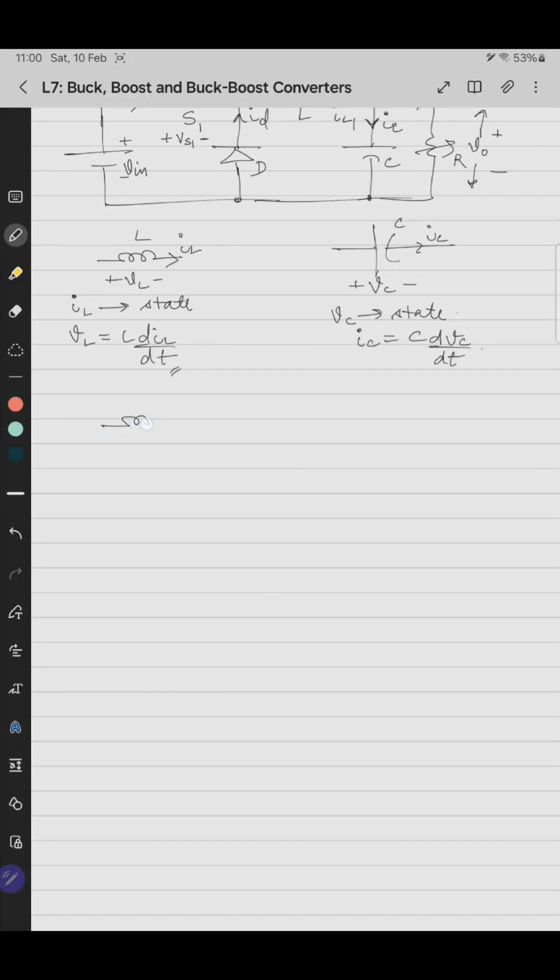So in this inductor we have lines of flux, that is electromagnetic, and a capacitor stores energy in the form of electrostatic energy storage.